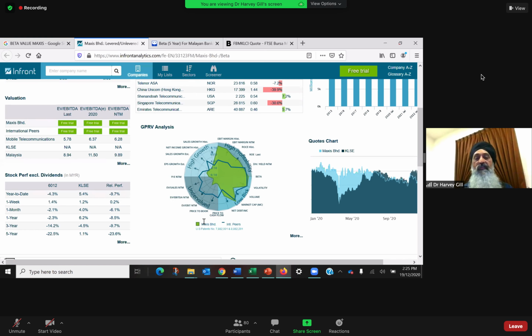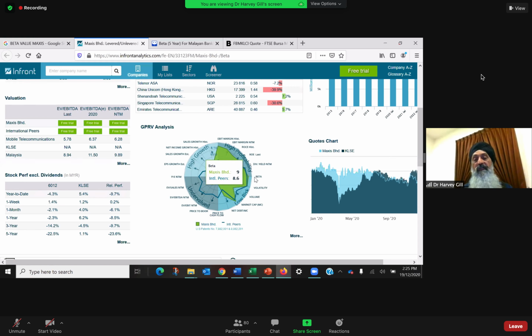Yeah. So the green one is Maxis. These are the international peers. So at one look, you can say, wow, okay. In terms of profitability and low risk, the share price of Maxis is slightly better than the international peers, equal to or slightly better.